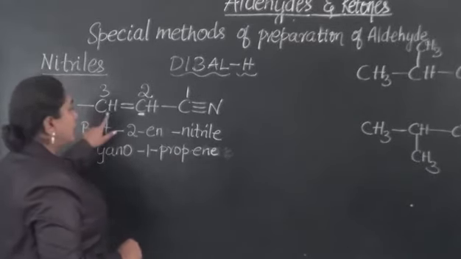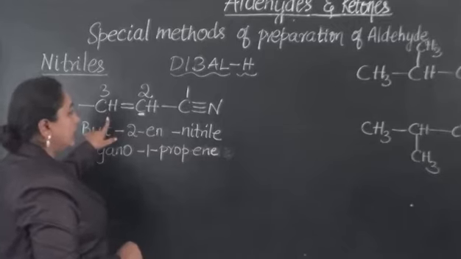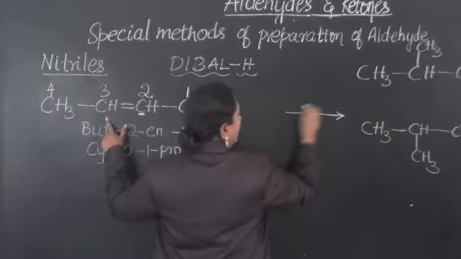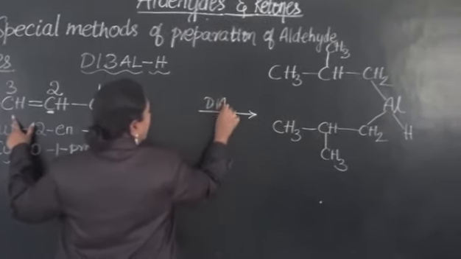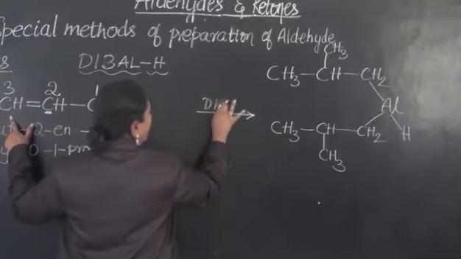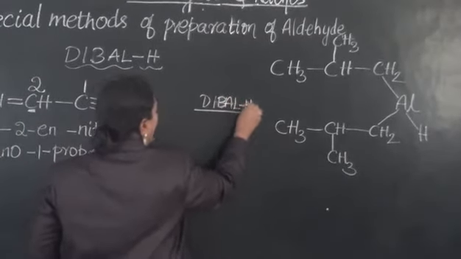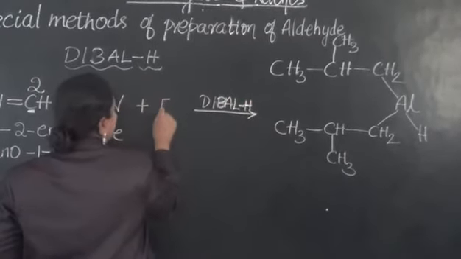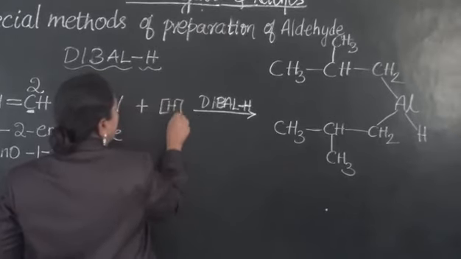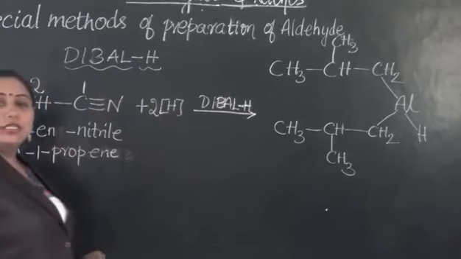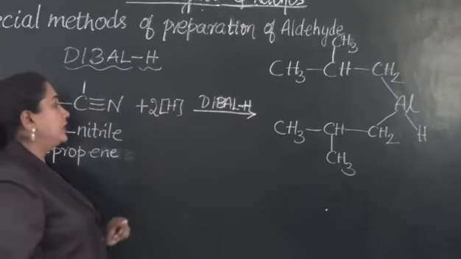Now this is our starting material, the organic cyanide. When treated with diisobutyl aluminium hydride, that is DIBAL, it will release nascent hydrogen, because DIBAL-H is a very good reducing agent.